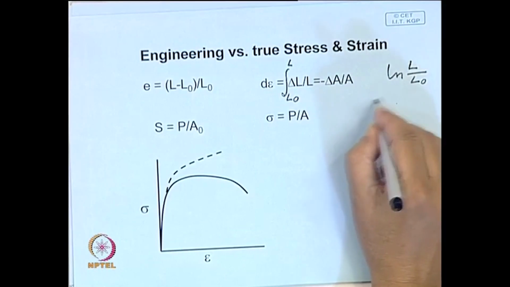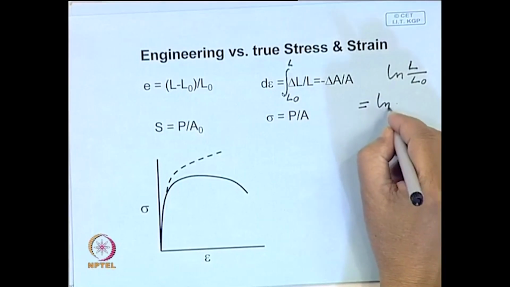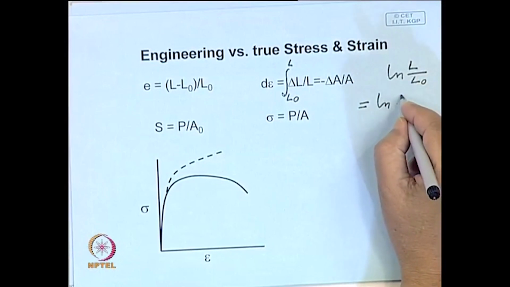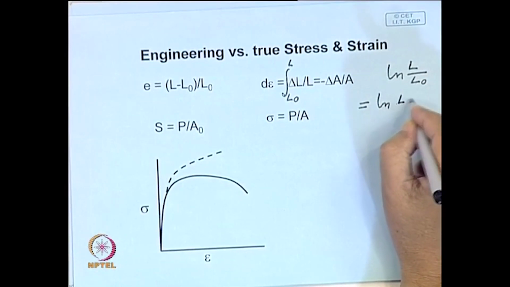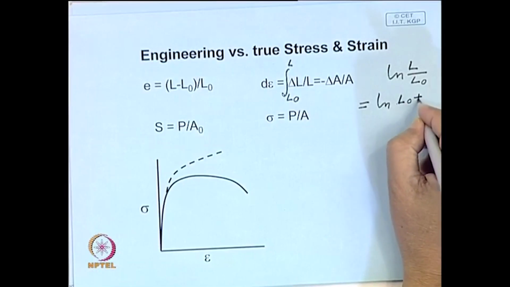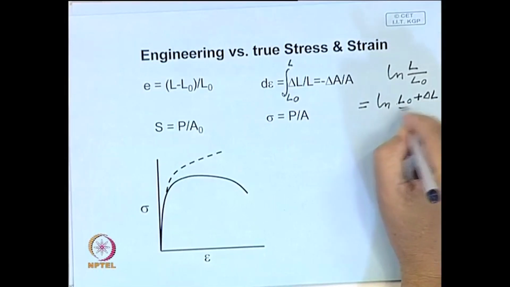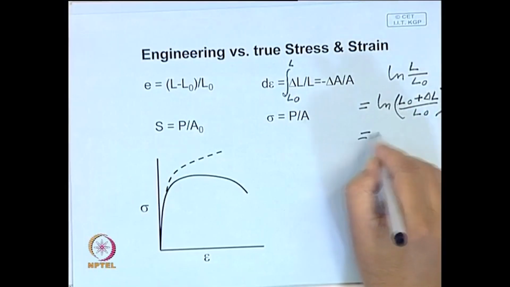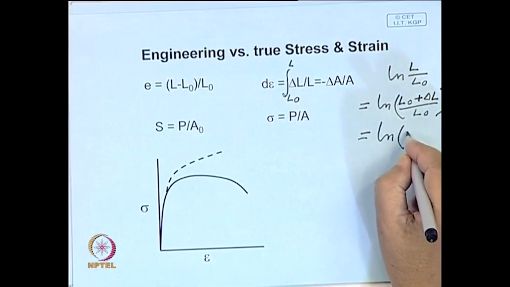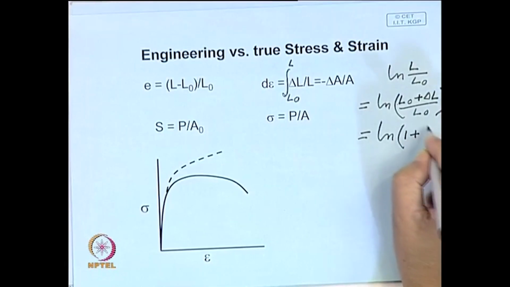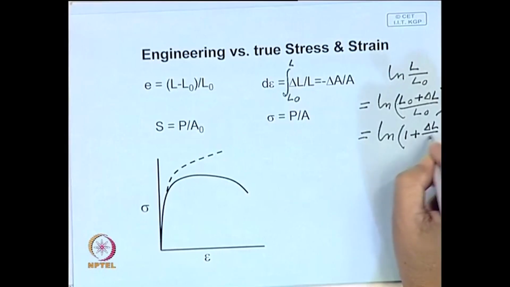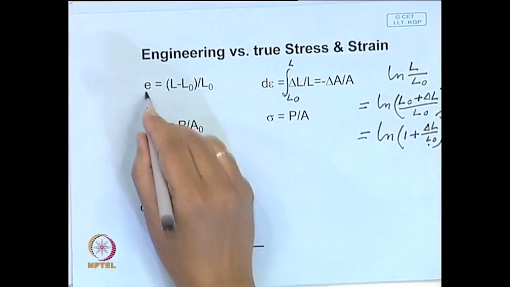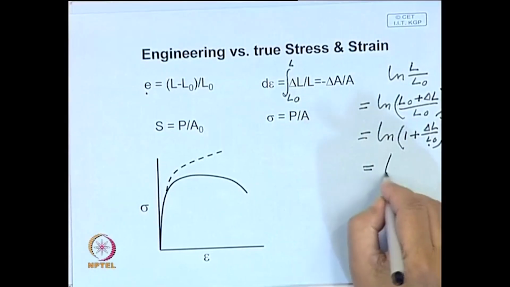In fact, this can be written as ln of (L0 plus delta L) over L0. So, therefore, you can say that this is equal to delta L over original length, whereas this is the engineering strain.